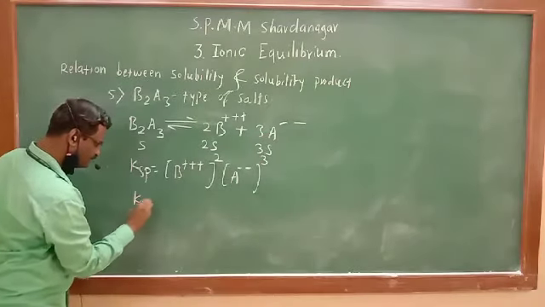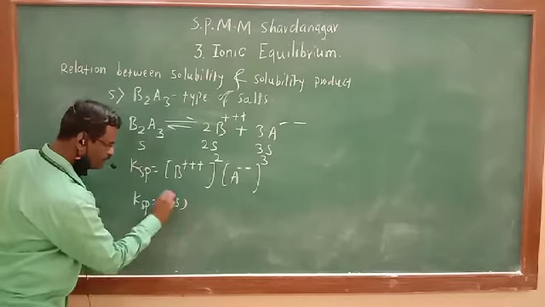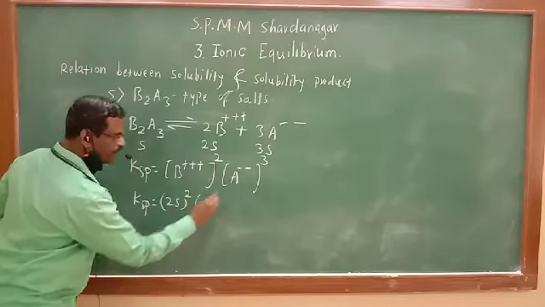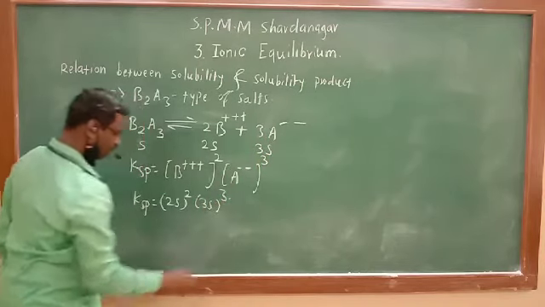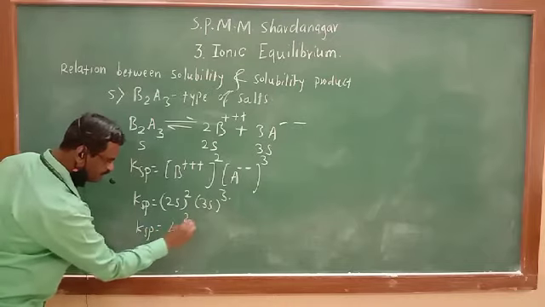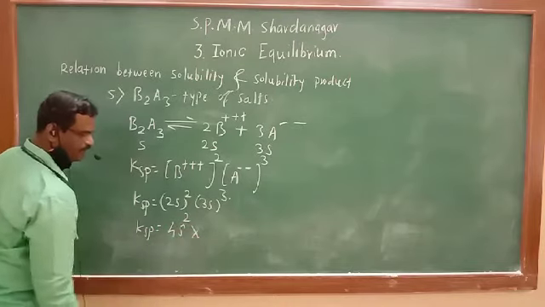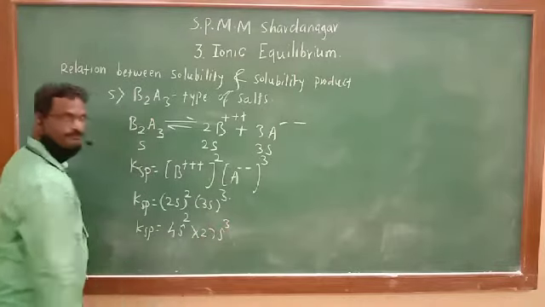So Ksp is equal to 2s squared, 3s raised to 3. So Ksp is equal to 4s square multiplied by 27 s raised to 3.